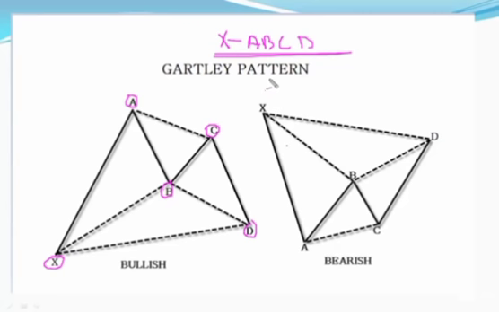Basically, as long as your geometry works, it's fine. So on a Gartley pattern, your X goes up to A. You have a rally from X to A, and then your first retracement down, which is your B, should be a 618 retracement.